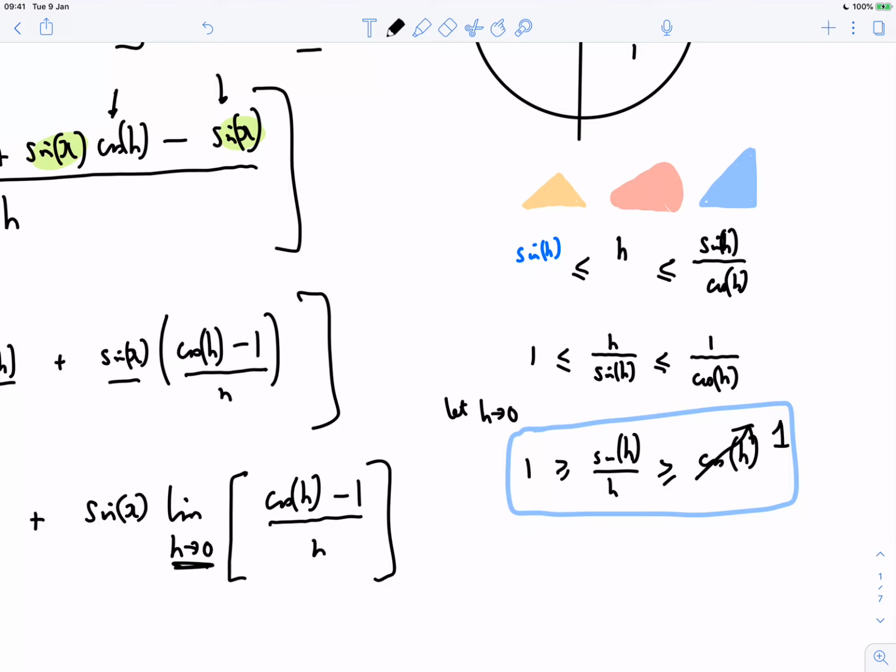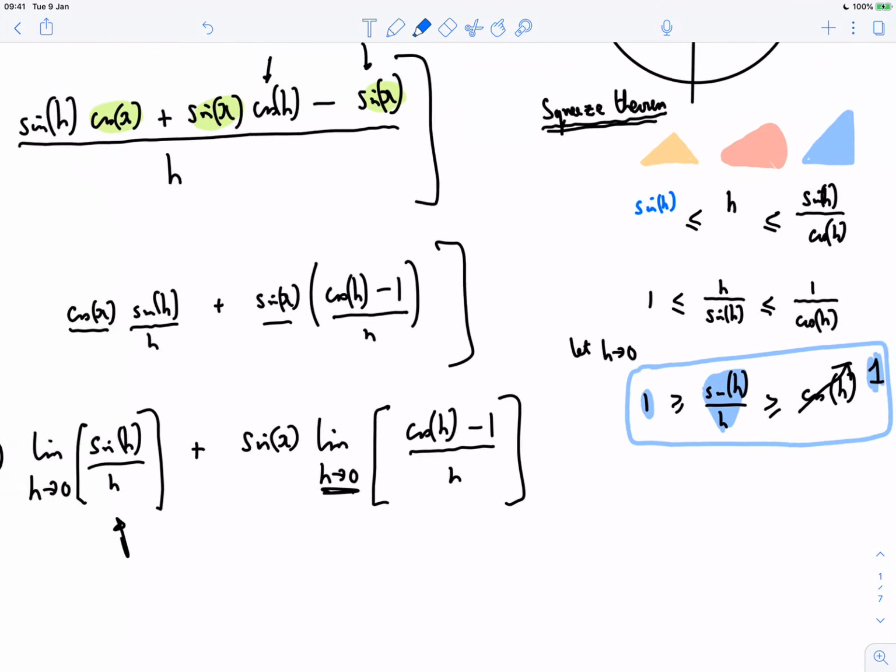Worst case. So this is the idea of something called the squeeze theorem, because I'm manipulating in such a way that I'm squeezing this value to be between two values which happen to be the same. How can a number be less than or equal to 1 or greater than or equal to 1? It must mean that sine h over h is 1.